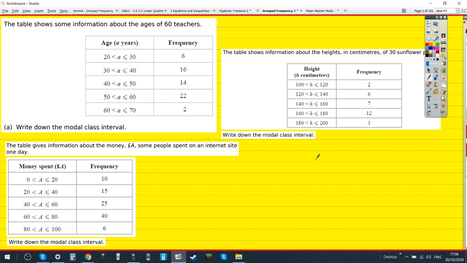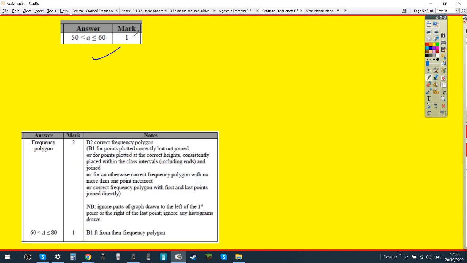Okay, top left. Any idea about this one? It was the age of 60 teachers. Write down the modal class interval. Is it 50 to 60? Yep, brilliant. Their age is between 50 and 60.